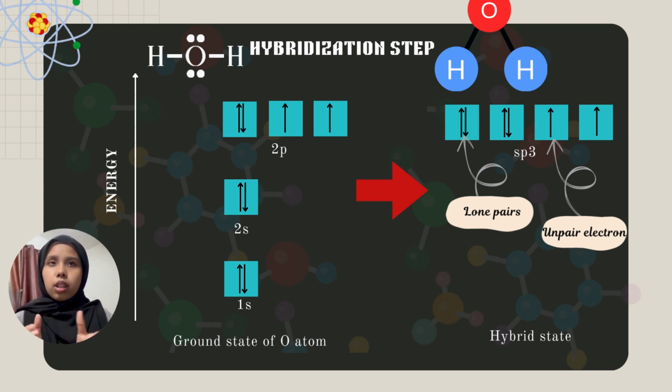After hybridization, this water molecule contains 2 lone pairs and 2 unpaired electrons. That is why sp3 hybridization explains why the water molecule has a bent shape, with 2 lone pairs pushing the hydrogen atoms closer together.